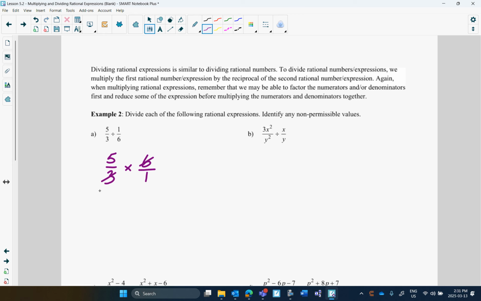So 3 and 6 reduce down to 1 and 2. I'm left with 5 times 2 over 1 times 1, which works out to the whole number 10. No NPVs there because there's no variables.